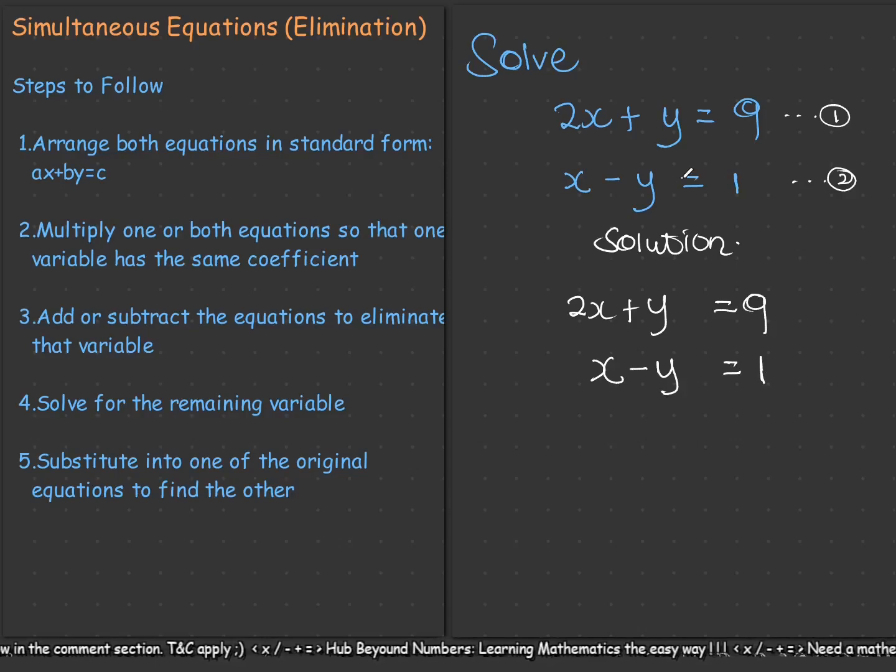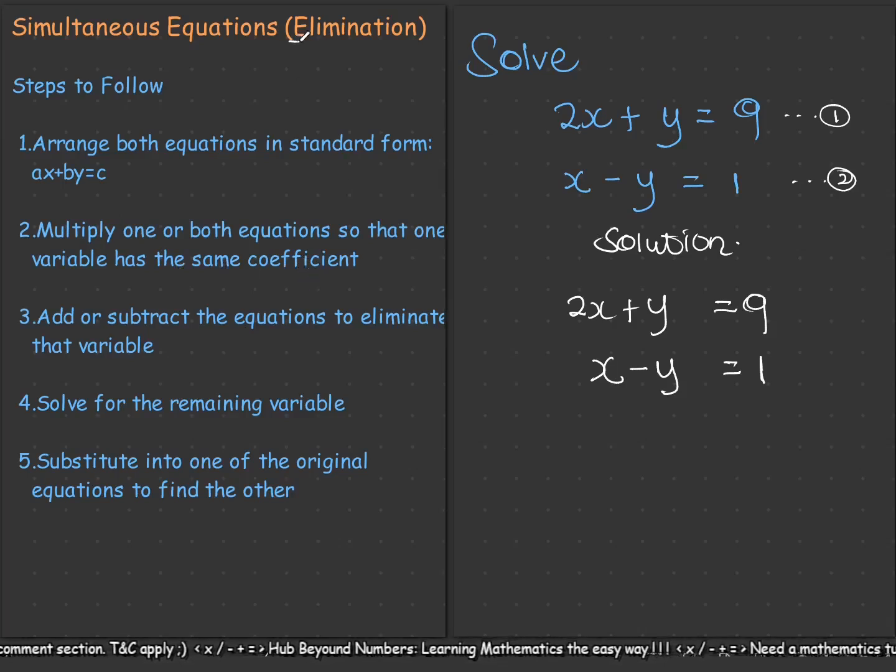So now that we have both in standard form, the next step is to multiply one or both equations so that one variable has the same coefficient. What this means is we are using the elimination method, right? So choose one variable you want to eliminate.